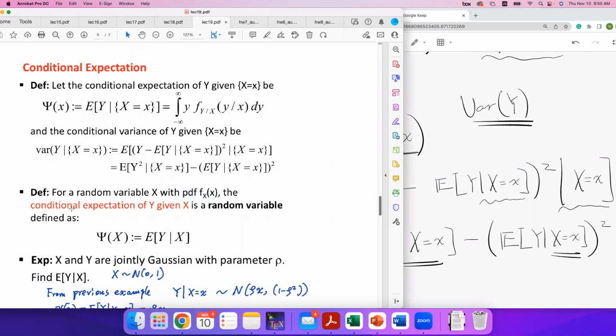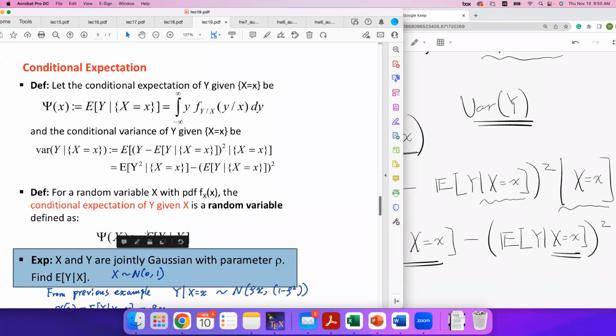the conditional expectation of y given x is another random variable. This thing can be viewed as a random variable.